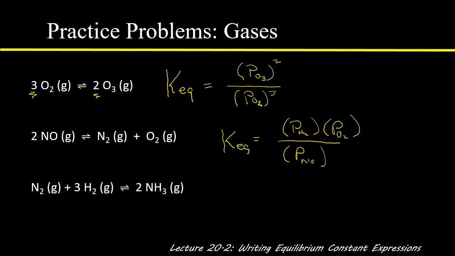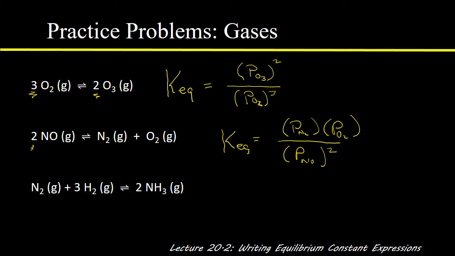All right, so the equilibrium constant is just the products divided by the reactants. Because these are gases, we're going to write them as partial pressures, and then we need to raise them to the power of their stoichiometric coefficient.